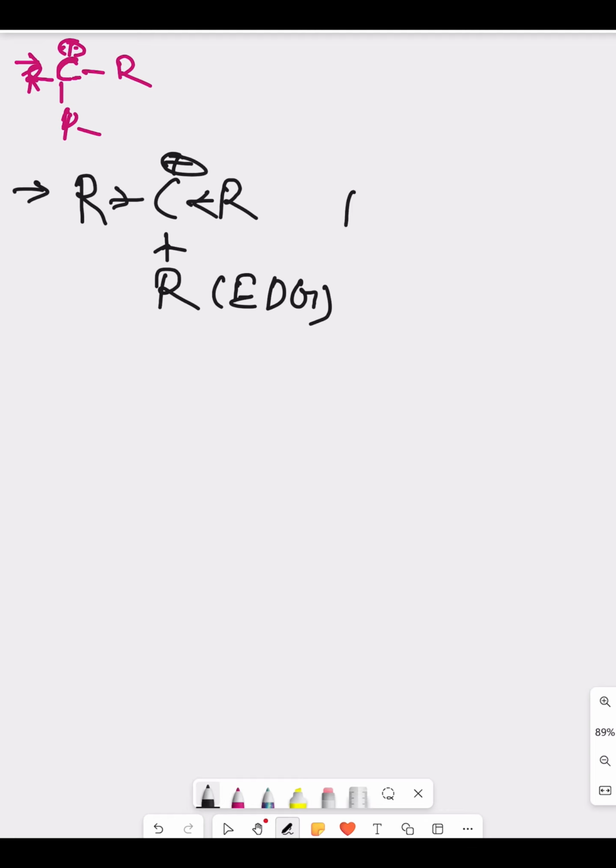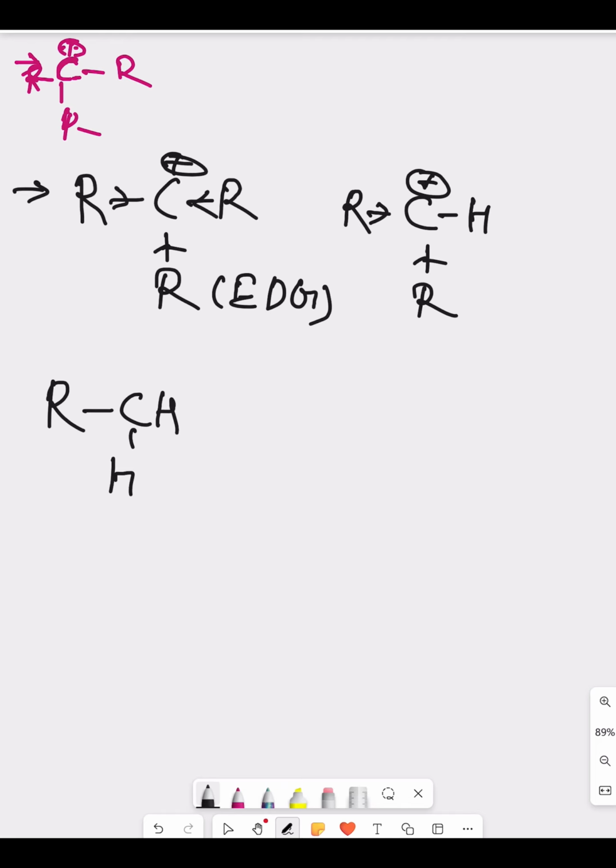If there are two, let's say, alkyl groups, and this, there is no alkyl group.